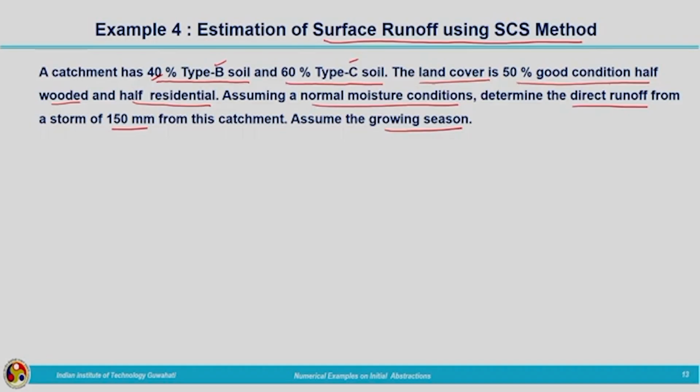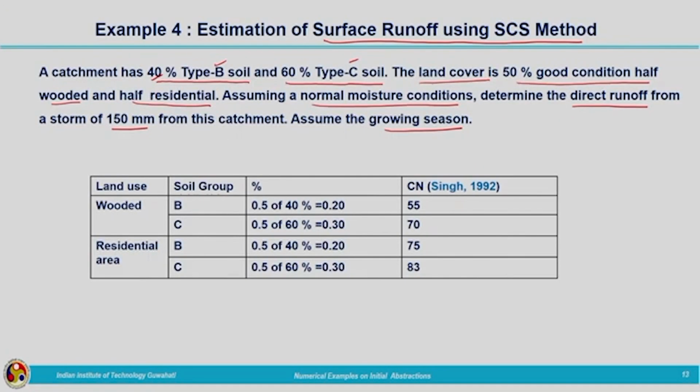Based on these land use classifications, we need to take the curve number from the table which is given in the textbook, and this is based on normal moisture condition, that is AMC 2, antecedent moisture condition 2, considered here.